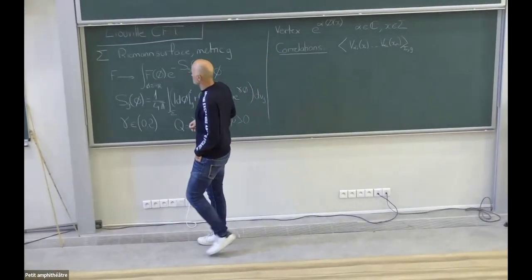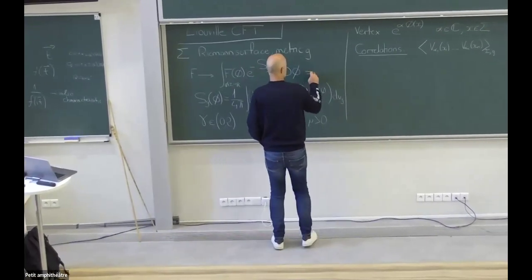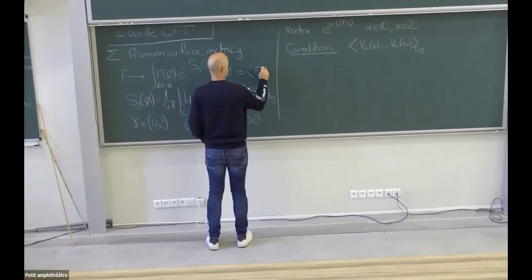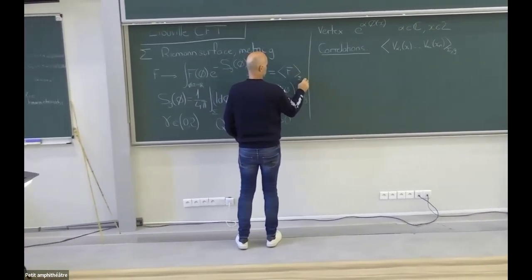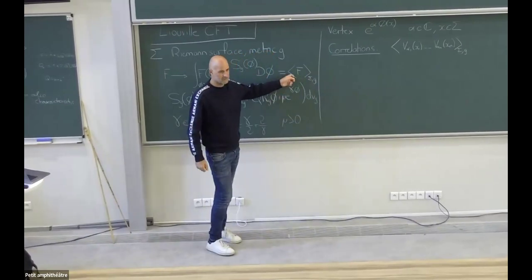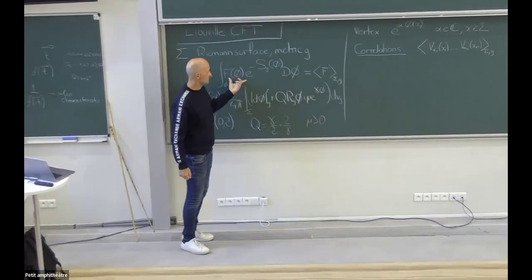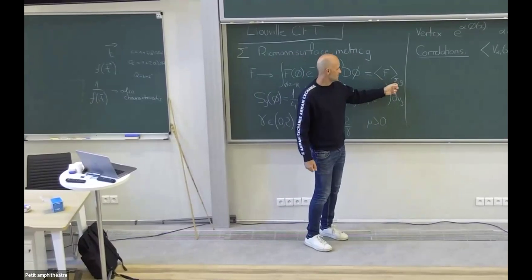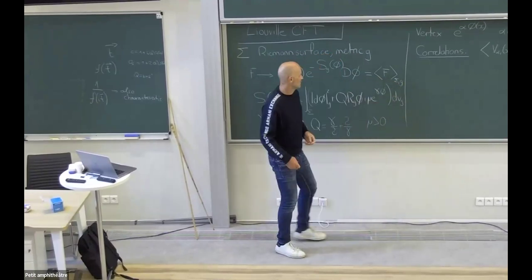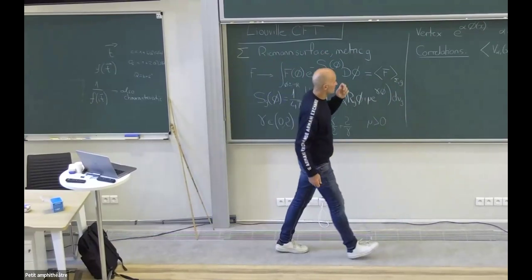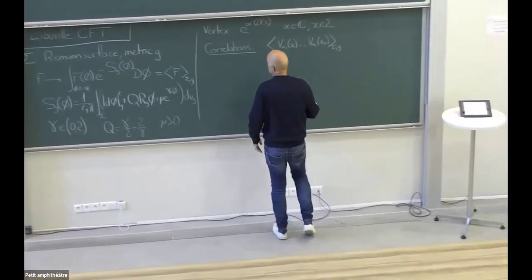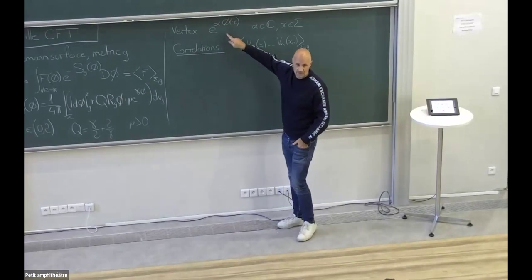So we have this functional, and usually you denote it this way. This means expectation values with respect to this measure, and this object depends on the Riemann surface and the metric that you have put on it. What you want to do at the very end of this story is introduce some vertex operators.